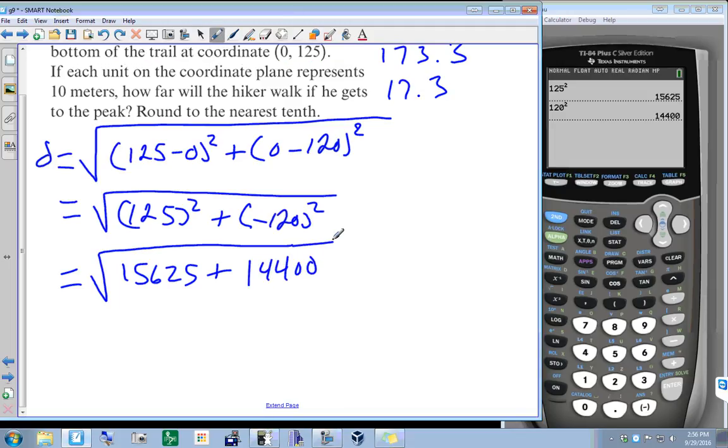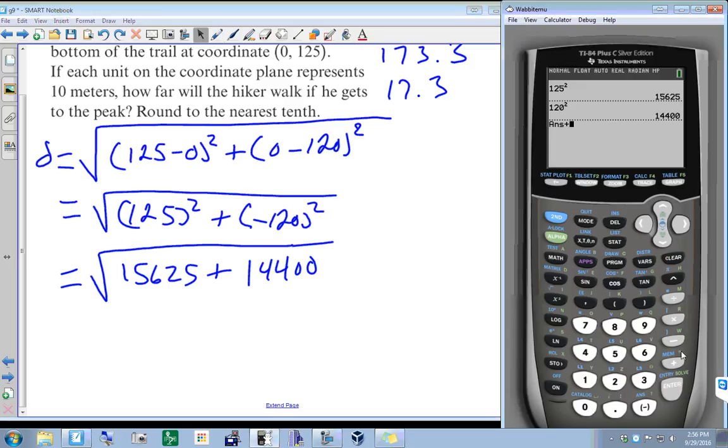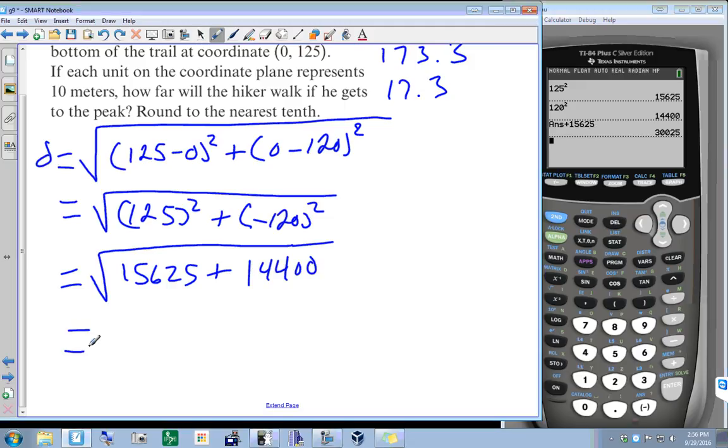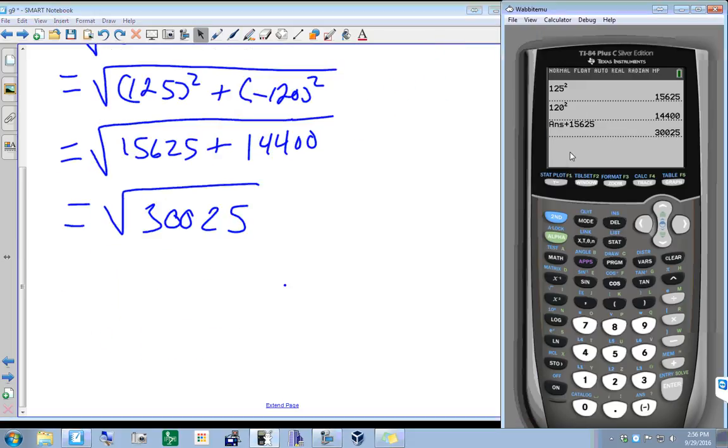and I end up with 14400. Okay. Now I'm going to end up having to add 15625. Boy, I got some big numbers here, don't I? Square root of 30025. So now I got to take the square root of that, right? Here we go.